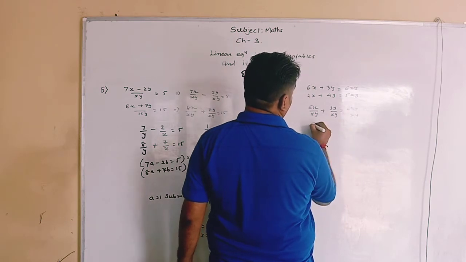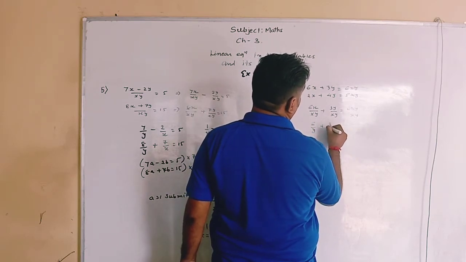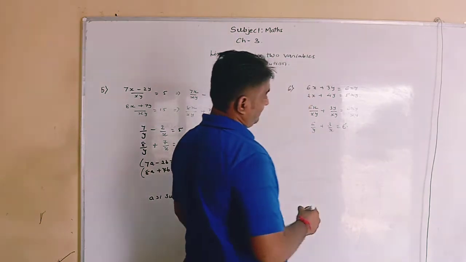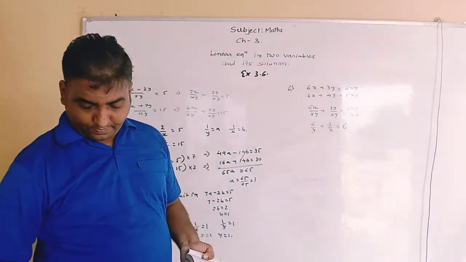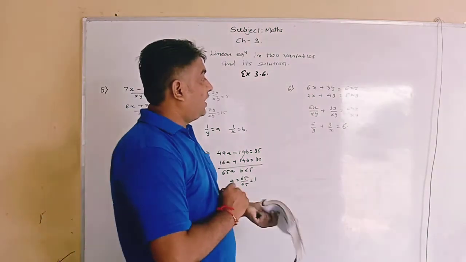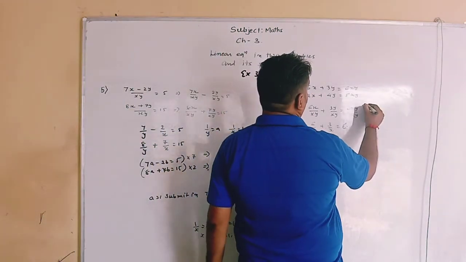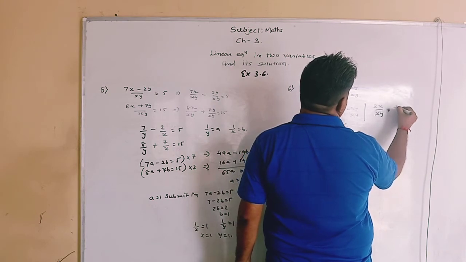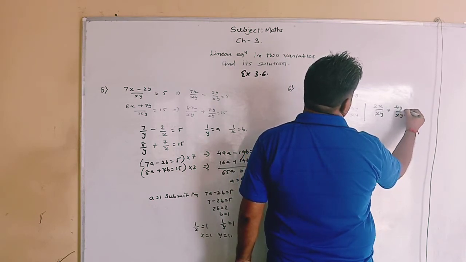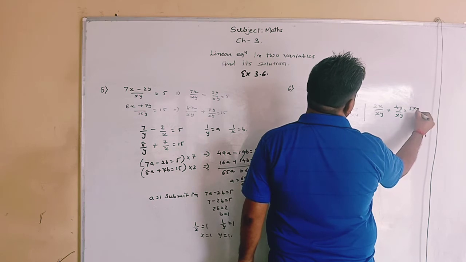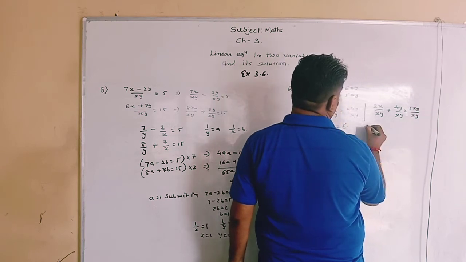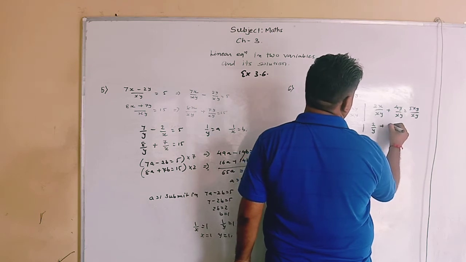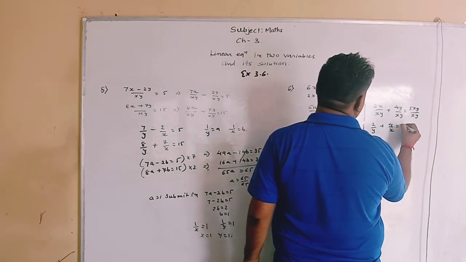So here it is 6 by y plus 3 by x equals 6. And the second equation we divide by xy: 2x by xy plus 4y by xy equals 5xy by xy. Then here it will be 2 by y plus 4 by x equals 5.